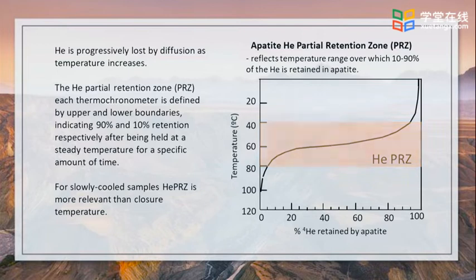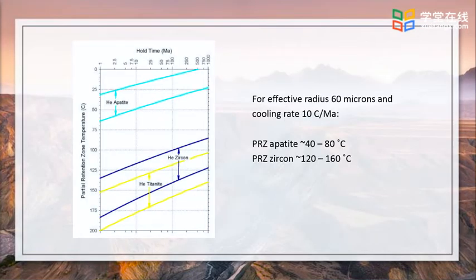The apatite helium partial retention zone reflects the temperature range over which 10 to 90% of the helium is retained in apatite. For slow-cooled samples, the helium partial retention zone is more relevant than closure temperature. It extends from about 40 degrees centigrade to 85 degrees at the Earth's surface and at depths corresponding to temperatures below 40 degrees, helium is quantitatively retained and helium ages track calendar time.